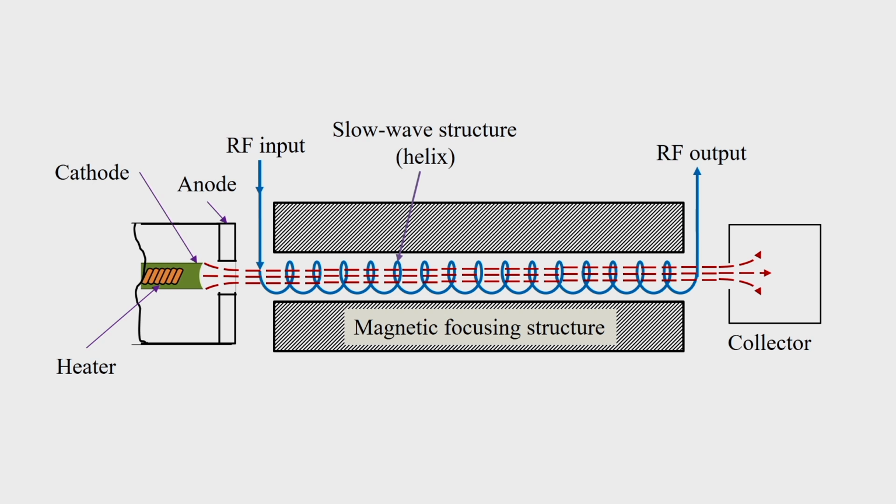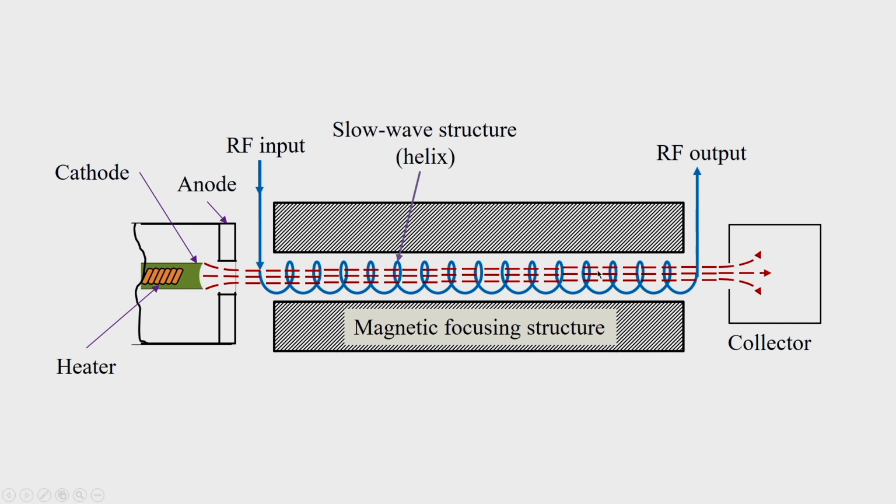The bunching of electrons takes place due to velocity modulation, and when bunching of electrons takes place, it results in current modulation, and finally, the RF input is amplified by exchange of energy from the electron beam.